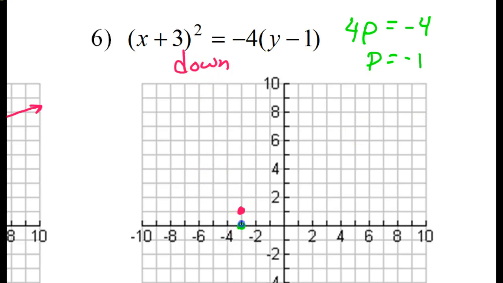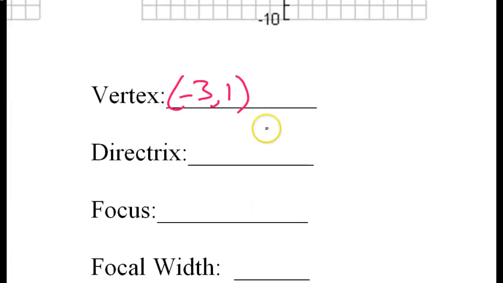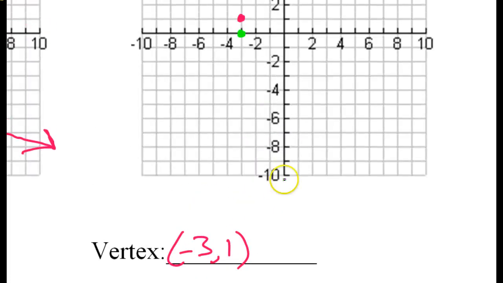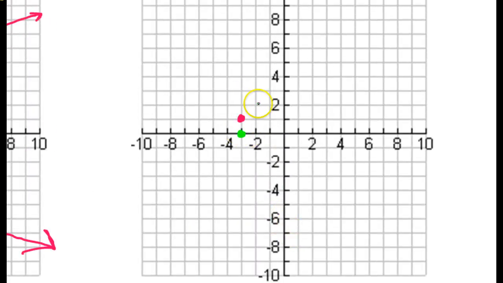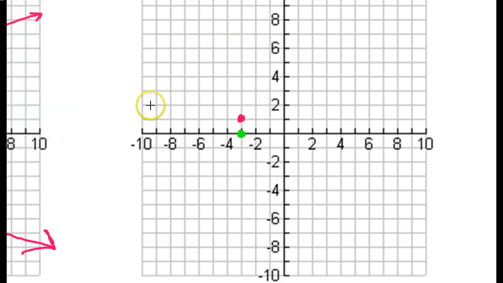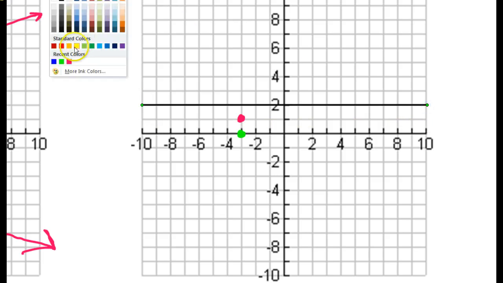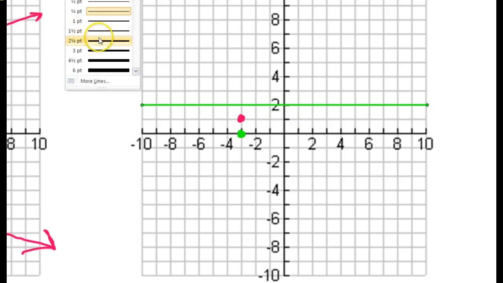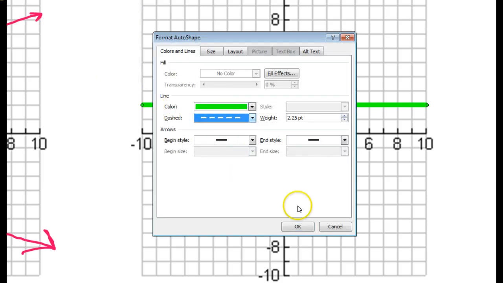That means my focus is -3, 0. All right, the directrix should be the same distance in the other direction. So my directrix will be right here. So by the way, that's y equals 2.